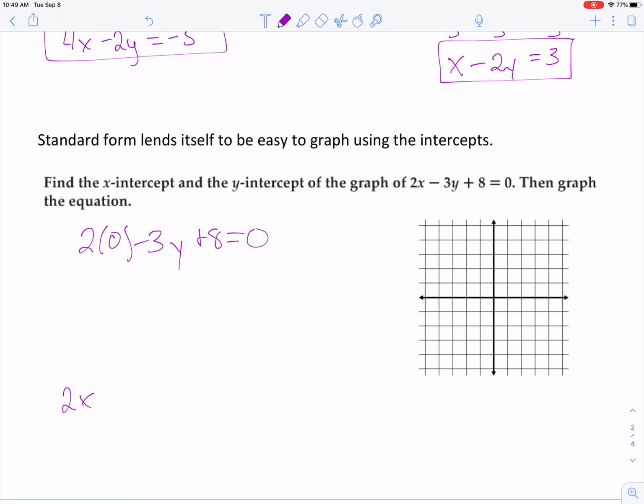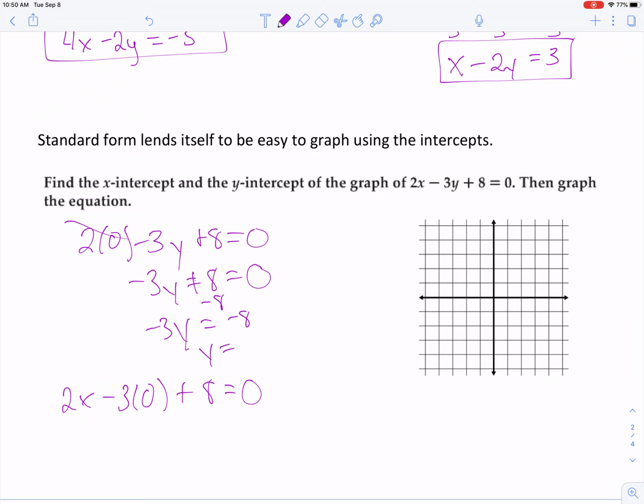And the other one's going to be 2x minus 3 times 0. Notice that I just plugged in 0 for x on one of them and 0 for y on the other. Those are actually going to cancel. And this should be pretty easy to, oops, that was supposed to be a plus 8 there, wasn't it? So that I can subtract. y equals a positive 8/3.